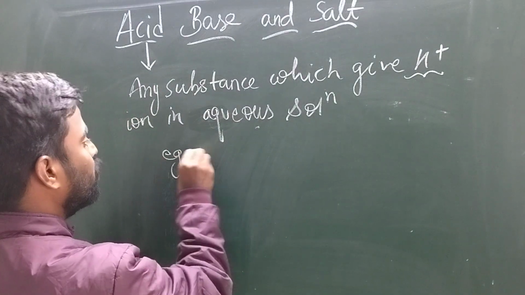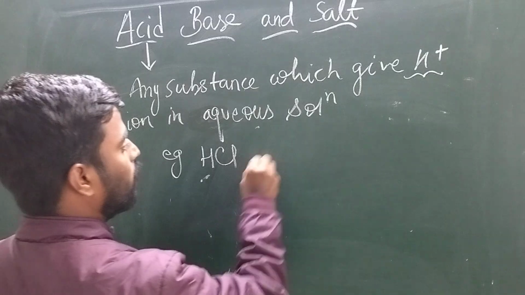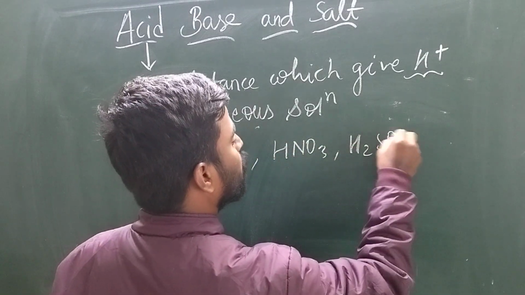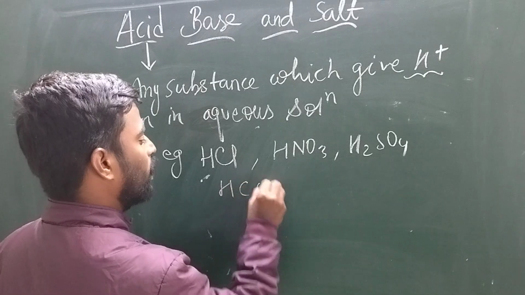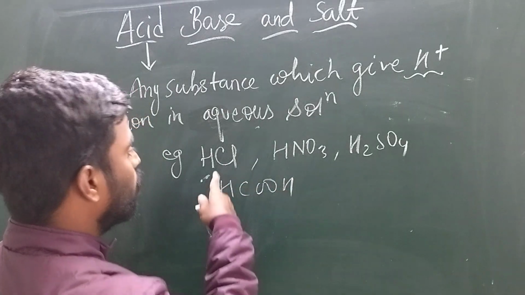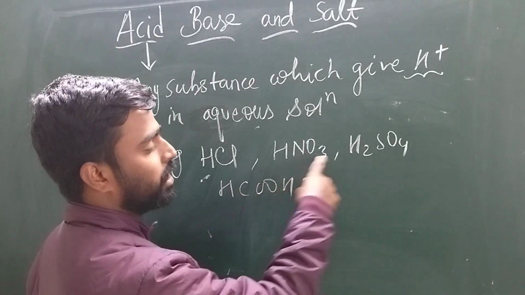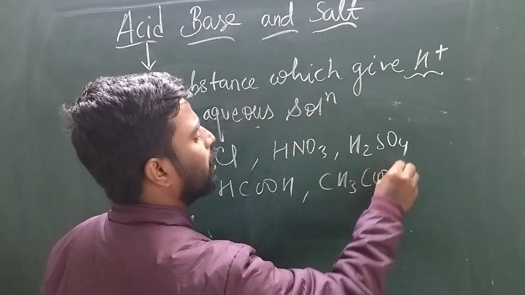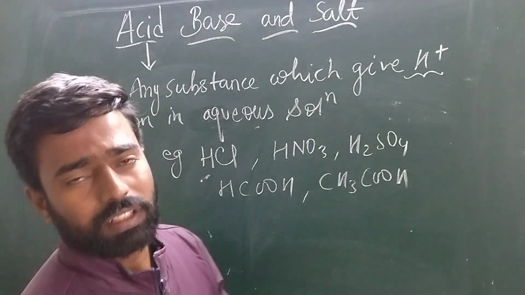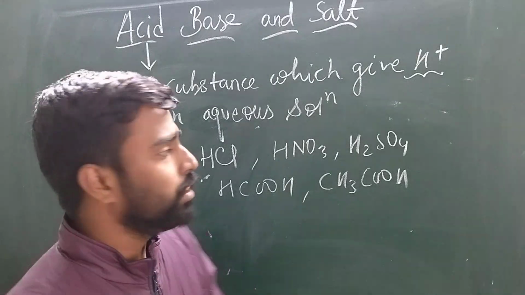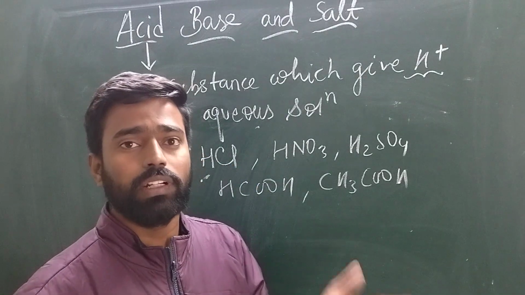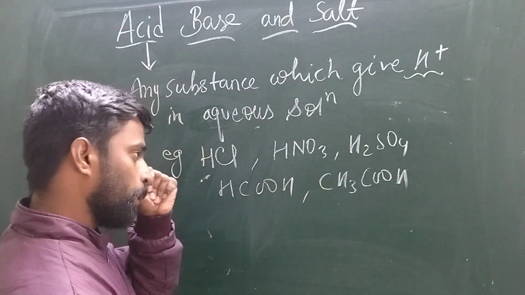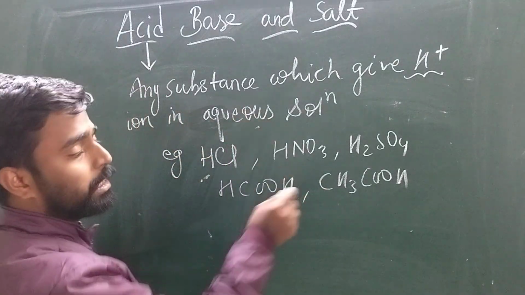Examples, as we all know, are HCl, HNO3, H2SO4, HCOOH, that is hydrochloric acid, nitric acid, sulfuric acid, formic acid, acetic acid, lactic acid, tartaric acid. These substances, when dissolved in the aqueous solution, give H plus ion.